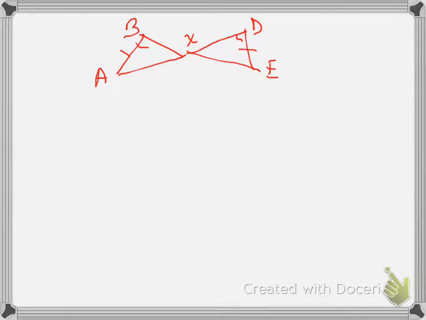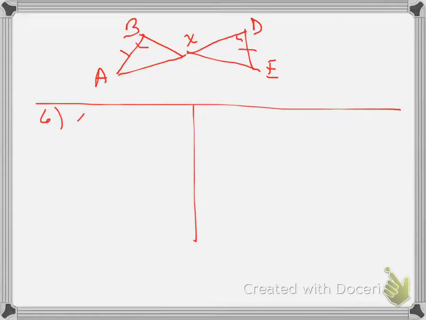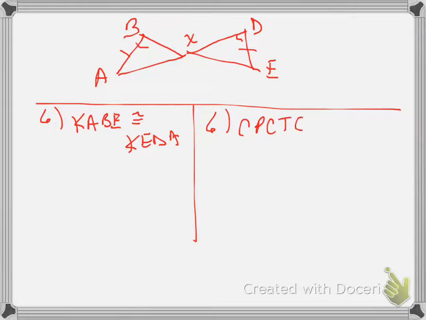So we can start here where this would be number 6 now. Again, this could be a little rough, I apologize. 6, we're going to say angle ABE is congruent to angle EDA by CPCTC. We're kind of out of givens.